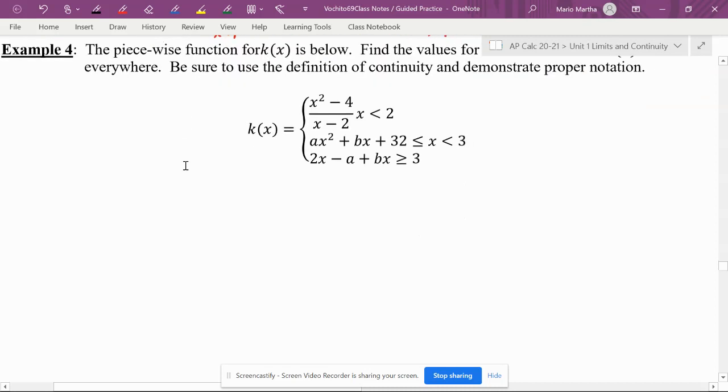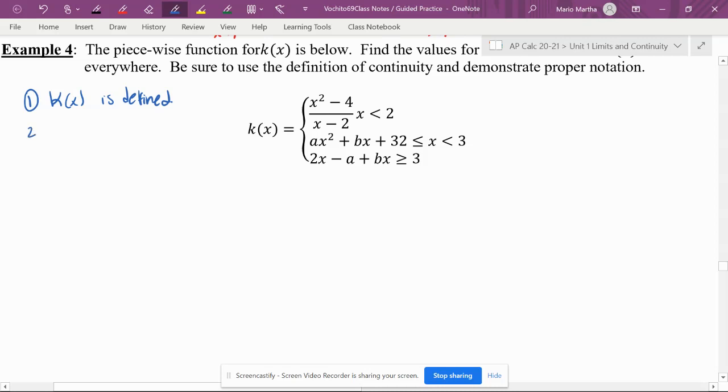So again, if something is continuous, the first condition must always be met, which is that k of c is defined. So whichever values we're looking for, k of x is defined.